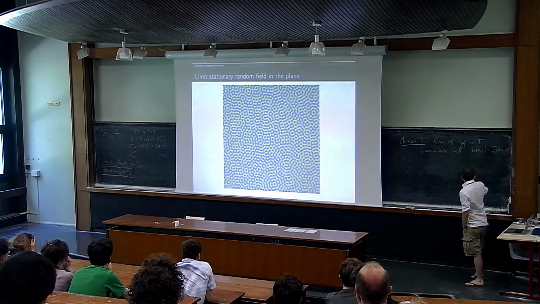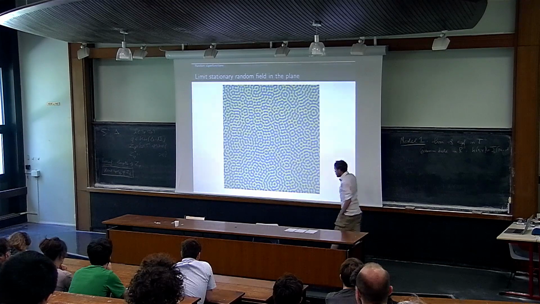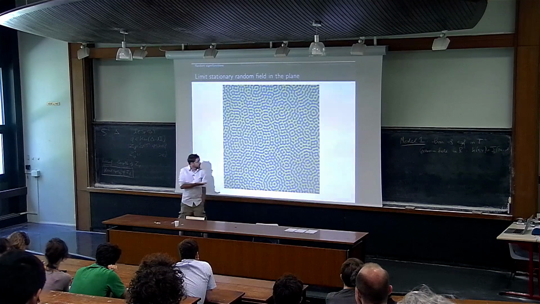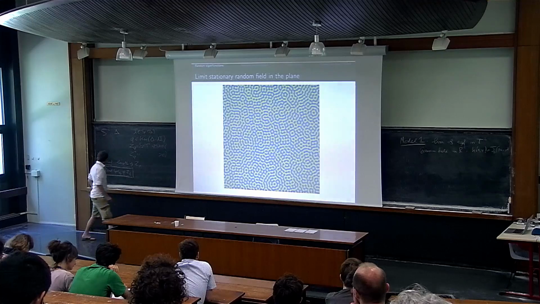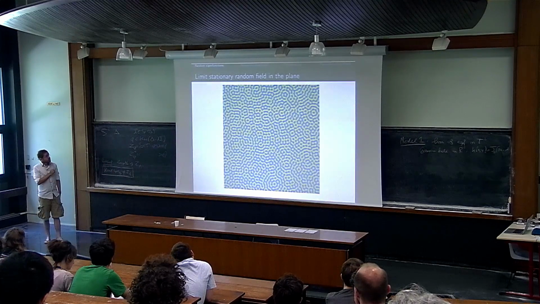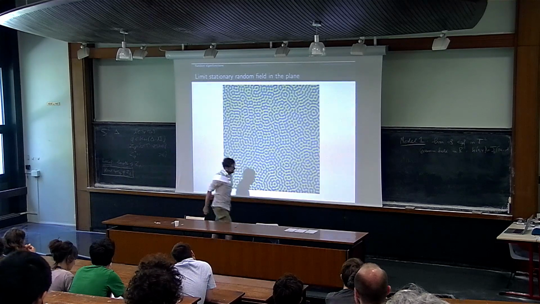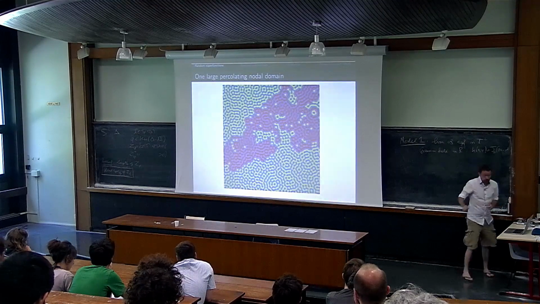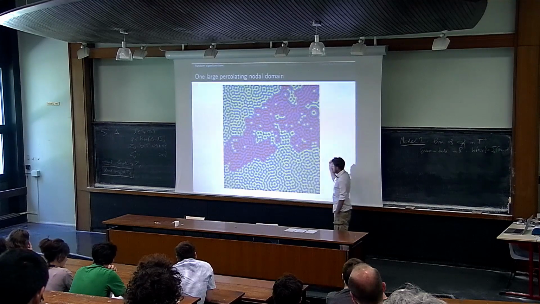So unfortunately, for reasons that I will try to explain, this is too difficult to address directly with our methods. So we don't know a lot about what happens here in the sense of the global topology of the zero set. So just one more picture in this case. So here is the kind of thing we want to understand. So this is one particular large nodal domain.